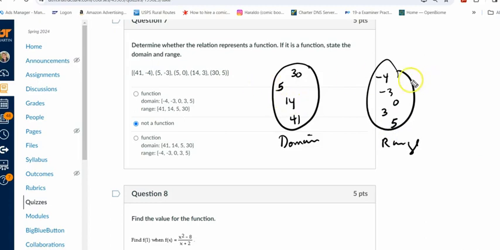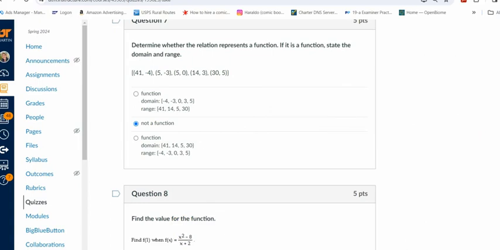Okay, so what would this look like as a drawing? Well, 41 is mapped to -4. 5 is mapped to -3, but 5 is also mapped to 0. And so in the drawing, this violates our definition of what a function is, because we have something in the domain that is mapped to more than one thing. And so I wouldn't even need to continue any further. Okay, so that's not a function either.